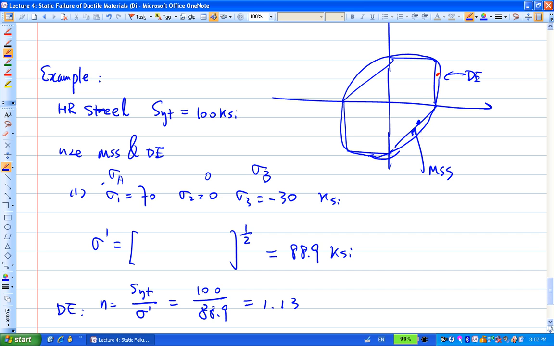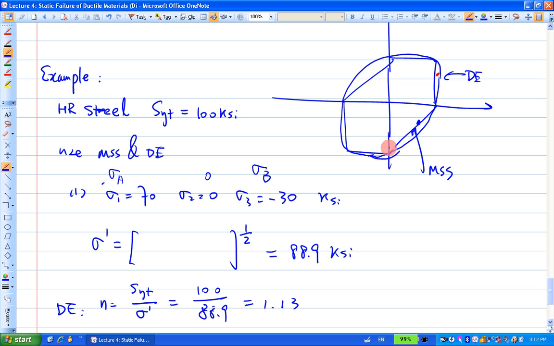Does that mean one is better than the other? It doesn't tell you which one is better. All it tells you is, based on the criteria you selected, what the safety factor will be. If you work in an industry that asks you to be more conservative, you use the MSS here.